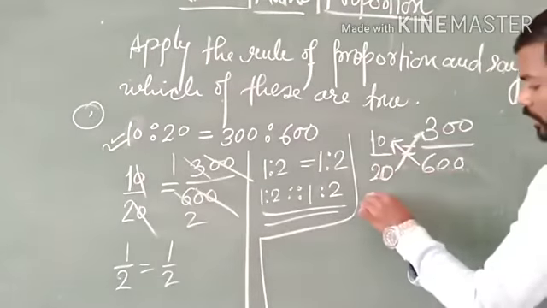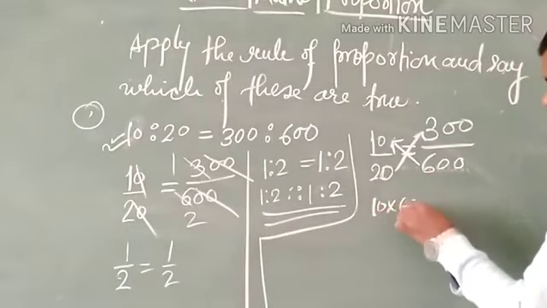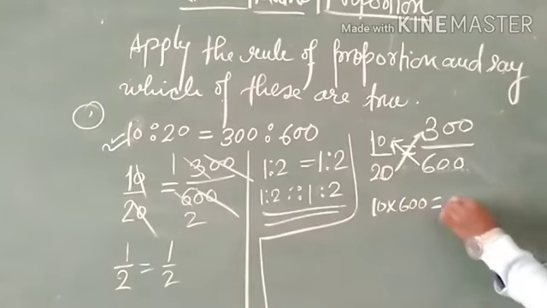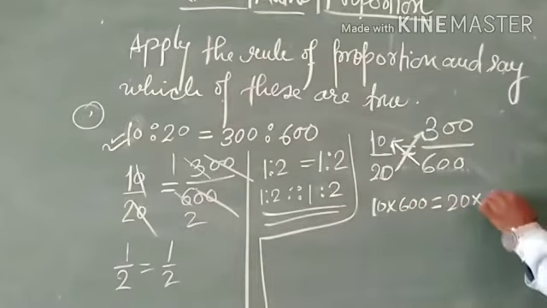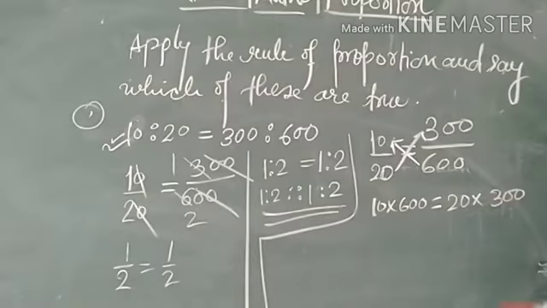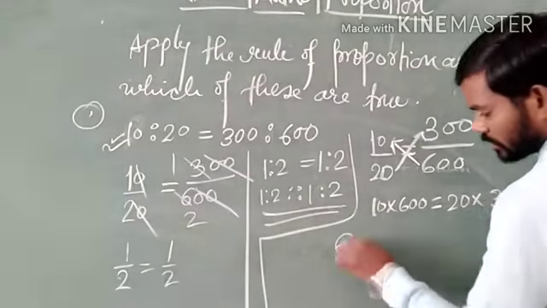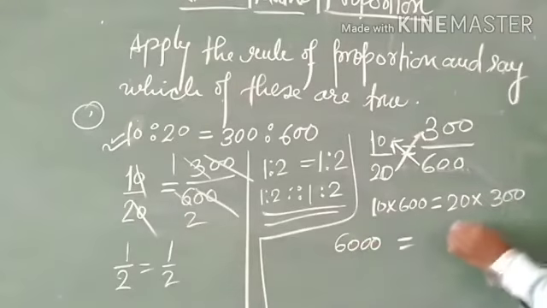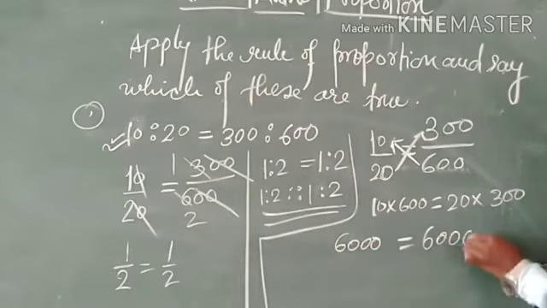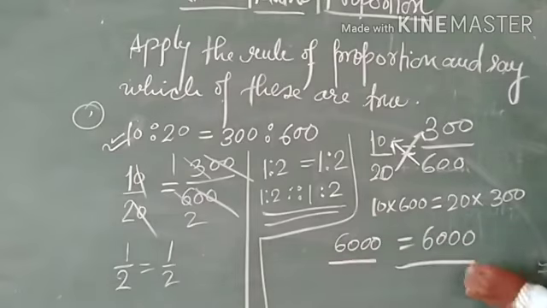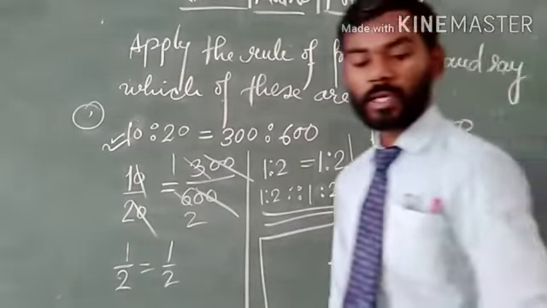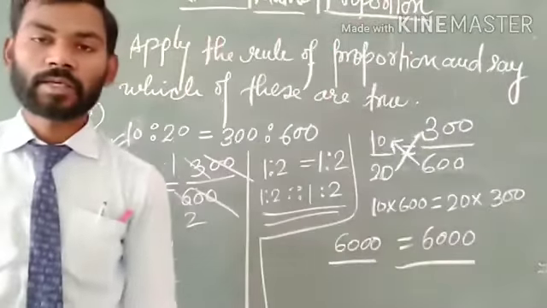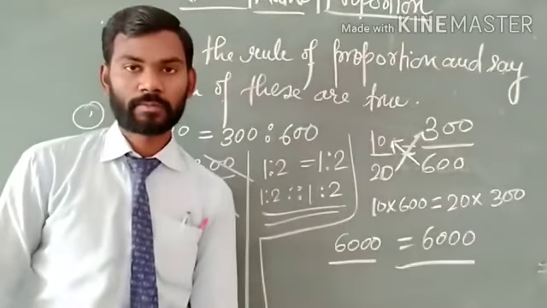So we get 10 multiplied by 600 is equal to 20 multiplied by 300, and here we get 6000 is equal to 6000, which shows that their cross product is also equal.